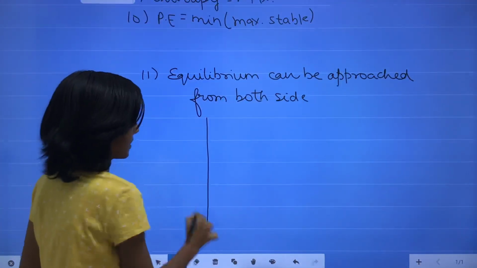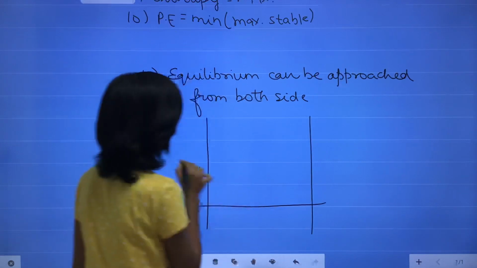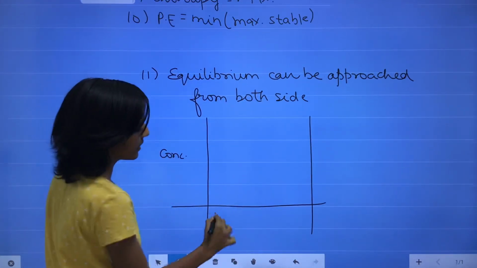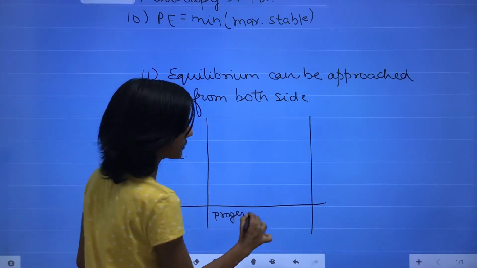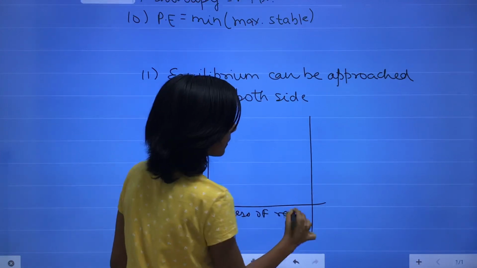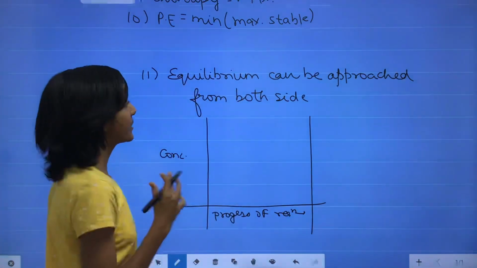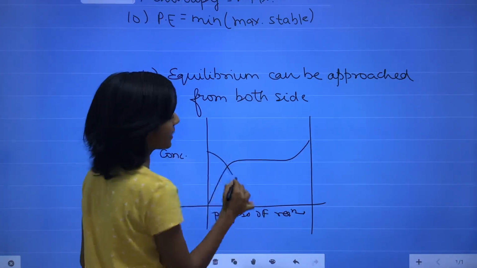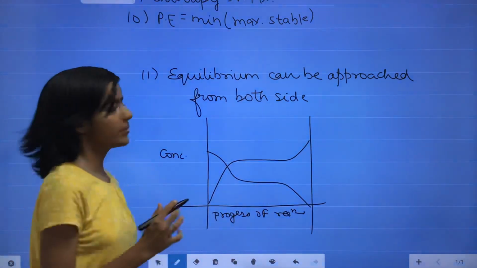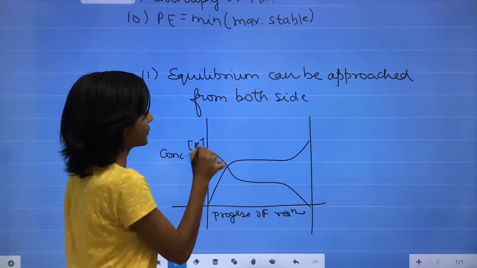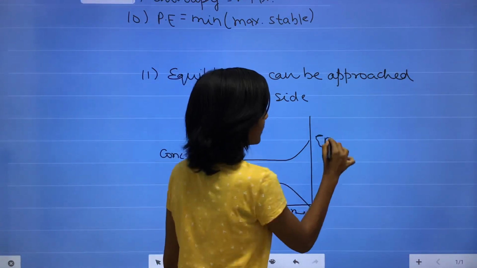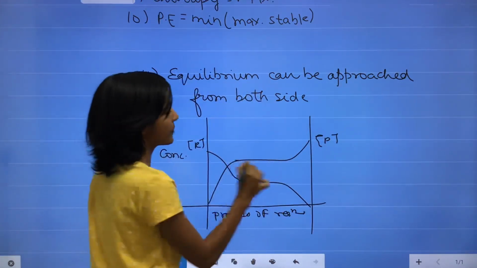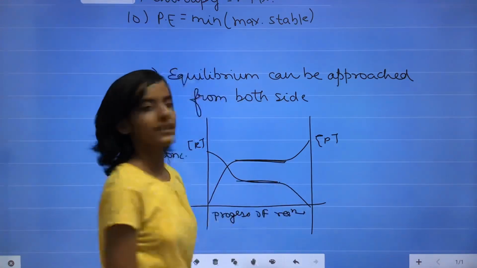So this is the concentration and progress of reaction. So the equilibrium can be approached from both directions, reactant side or product side.